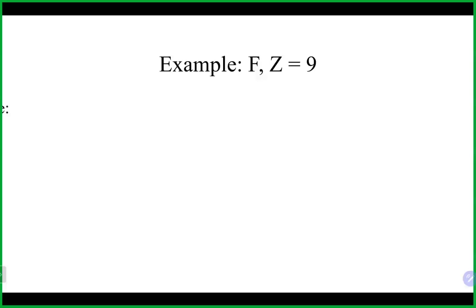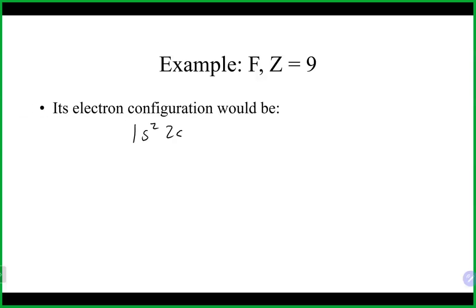And again, continuing on, 1s2, 2s2, 2p5 in this case. We now have, by the way, 5 and 2, which is 7 electrons on the second energy level, and 2 electrons there on the first.